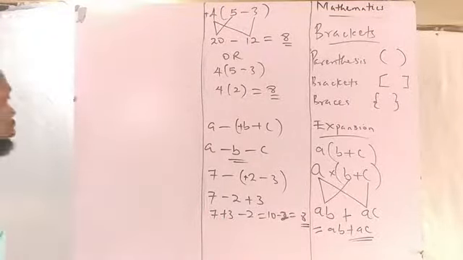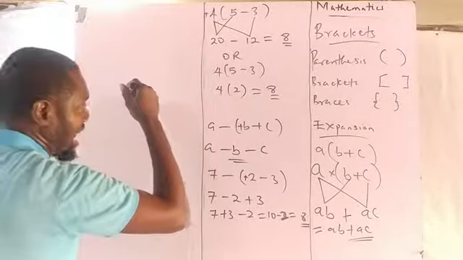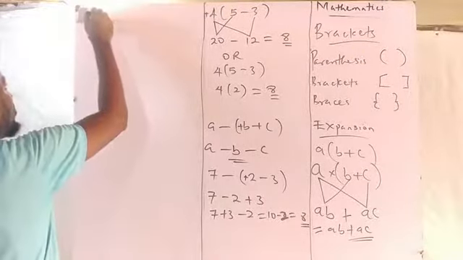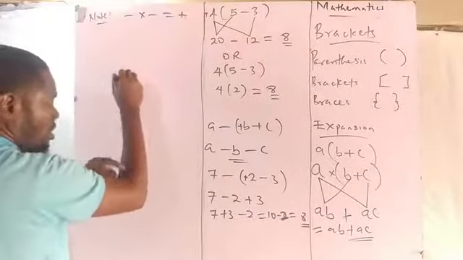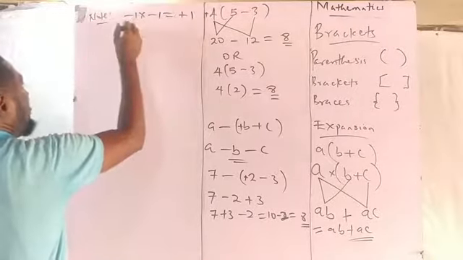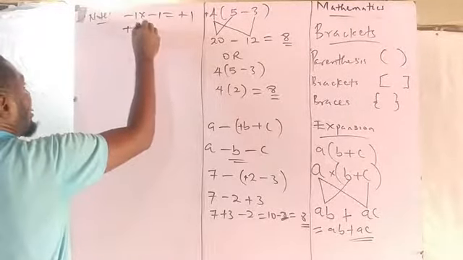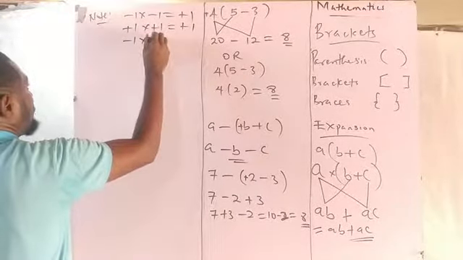You should recall your rules for signs in integers. Note, minus times minus will give you plus, or minus 1 times minus 1 will give you plus 1. Plus 1 times plus 1 will give you plus 1.